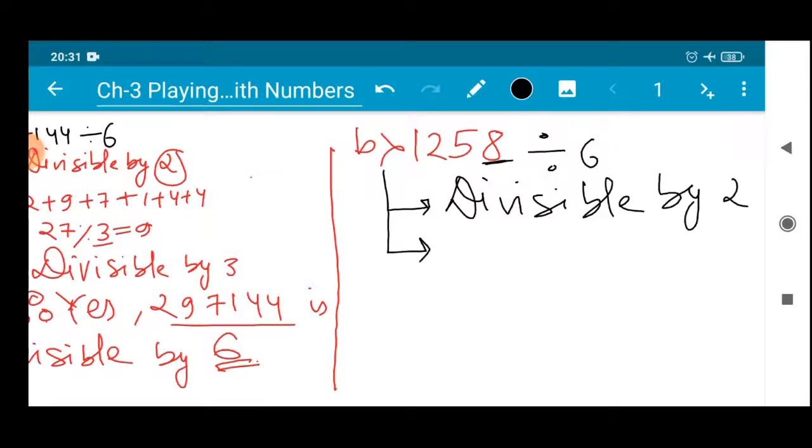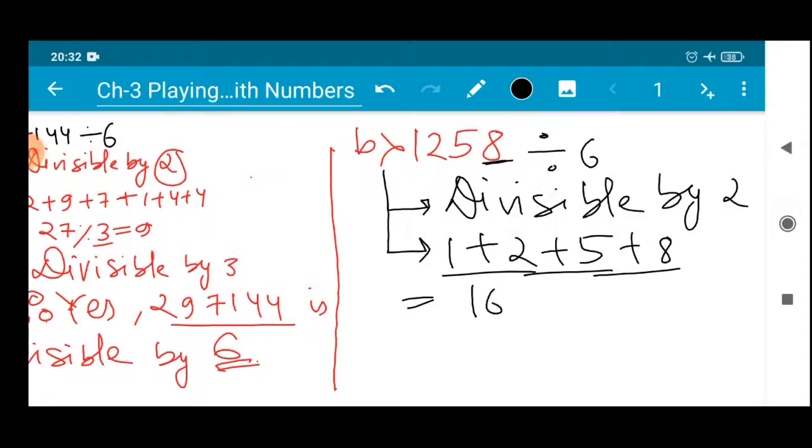Now to check whether it is divisible by 3 or not, we have to add all the given digits. 1 plus 2 is 3, 3 plus 5 is 8, 8 plus 8 is 16. Let's again add: 1 plus 2 is 3, 3 plus 5 is 8, 8 plus 8 is 16. You all know that 16 is not divisible by 3. So we can write here: not divisible by 3.